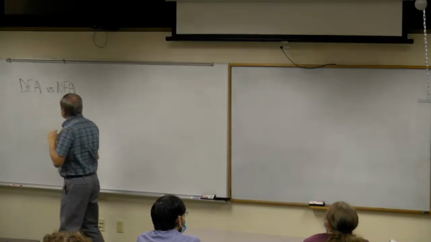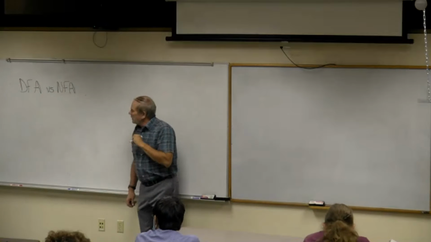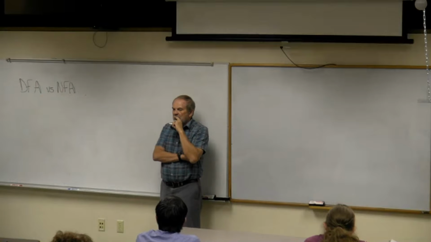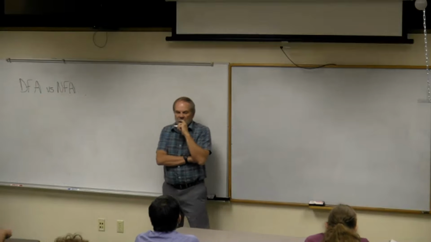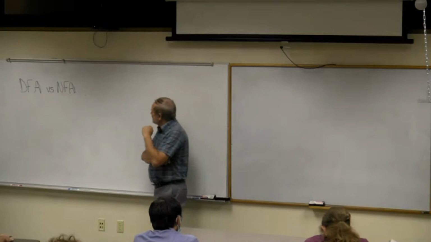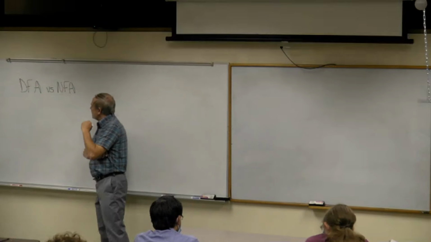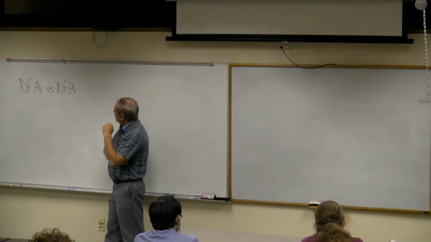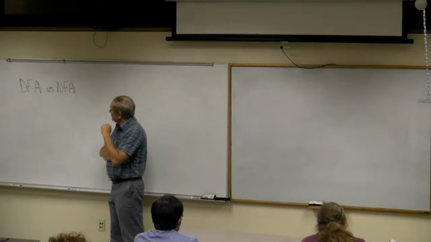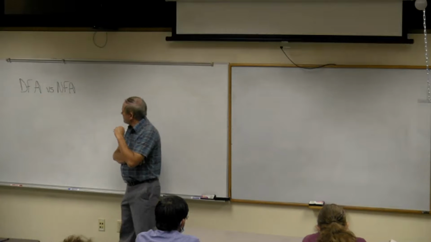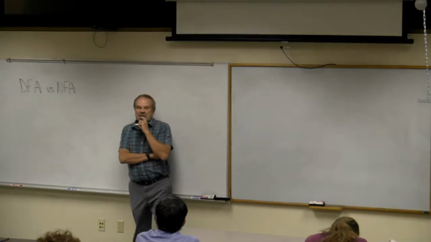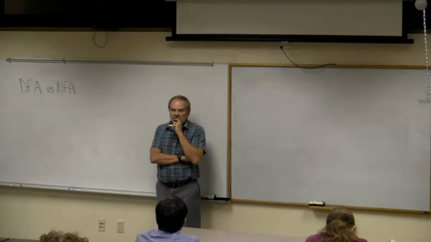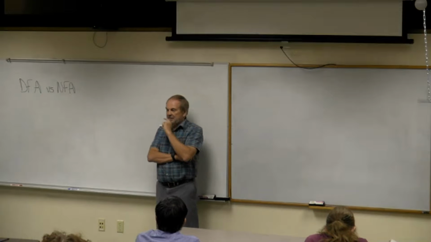Okay, so the first step, continuing into our NFA discussion, is comparing the DFA versus the NFA. And tell me, what is true about a DFA that is not true of an NFA?